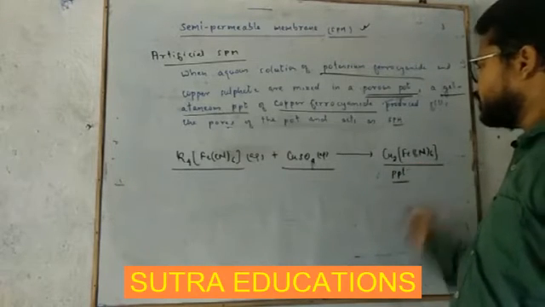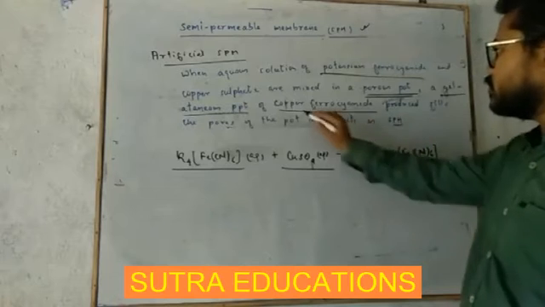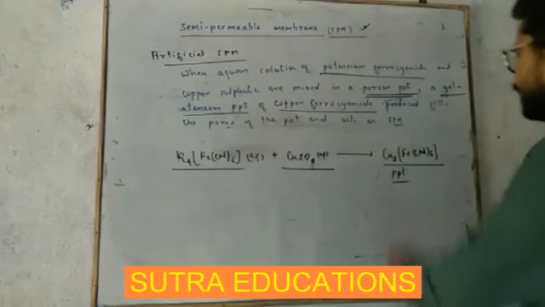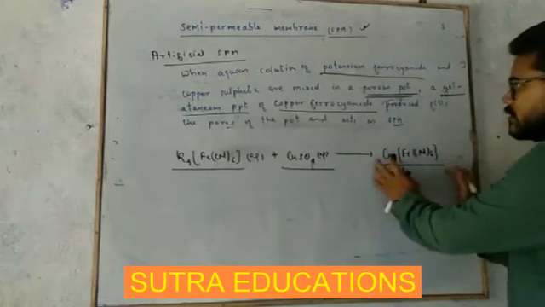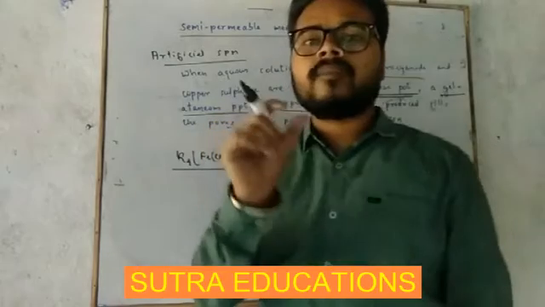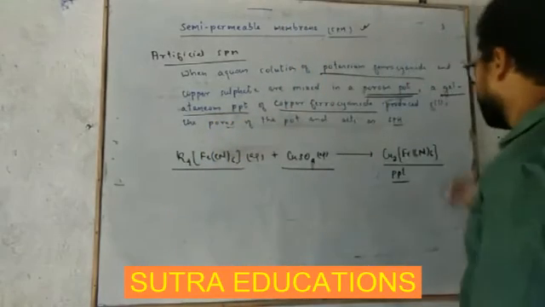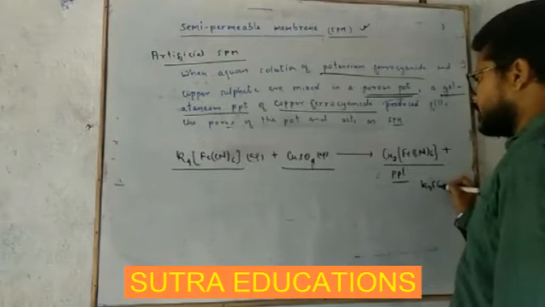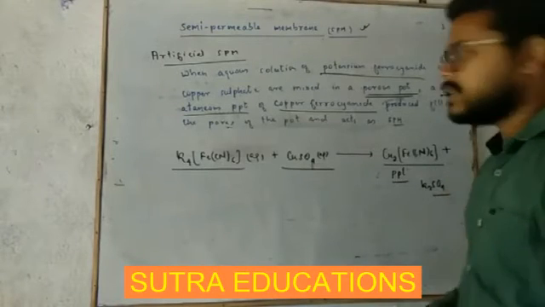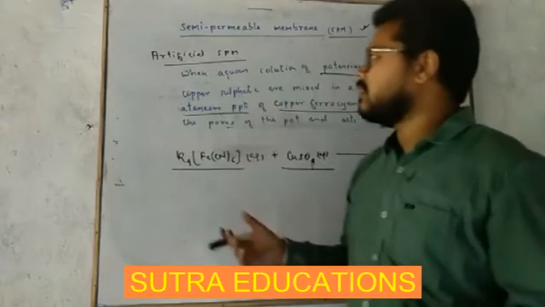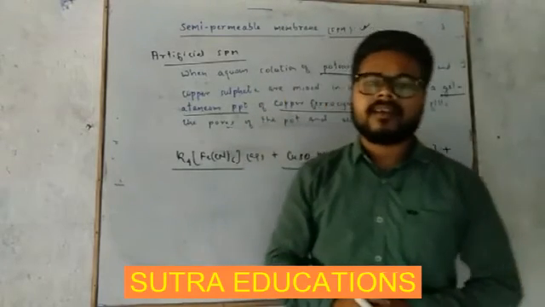This product, the gelatinous copper ferrocyanide, fills the pores of the porous pot and acts as a semi-permeable membrane. So this is an example of artificial SPM.